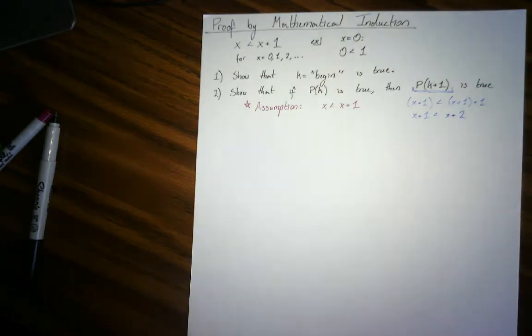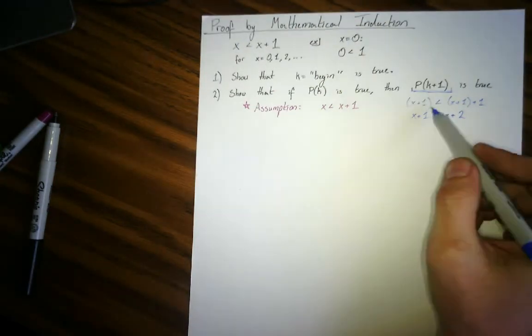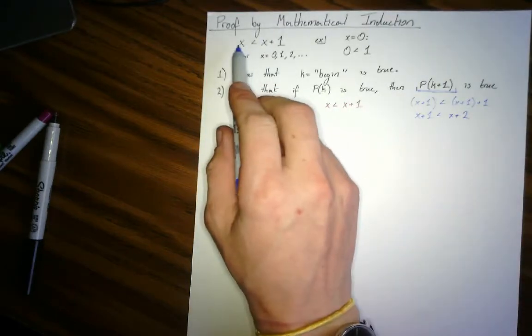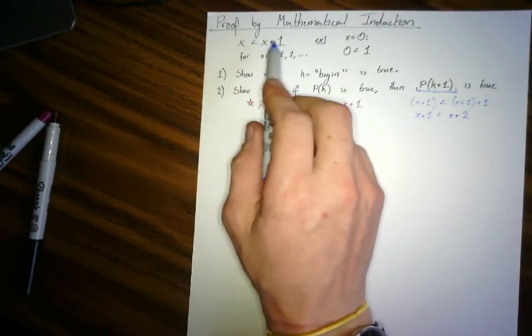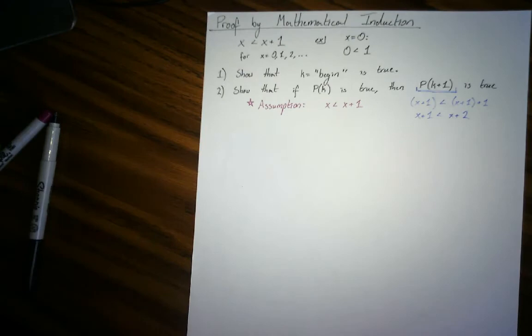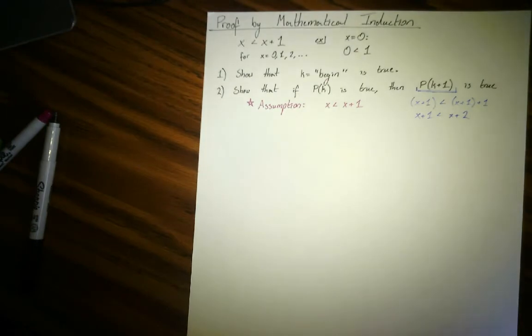If we add 1 to x on the x side, and we add 1 to the x itself, it's still going to be greater than 1. So in this case our proof is super straightforward, but we can use the same sort of reasoning to talk about more difficult proofs.